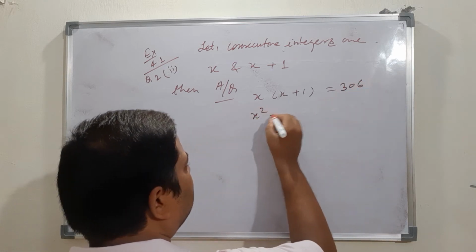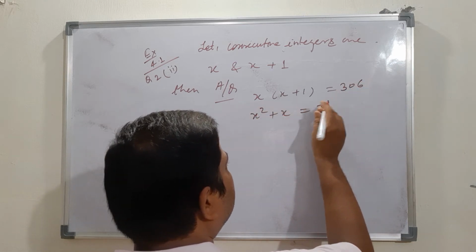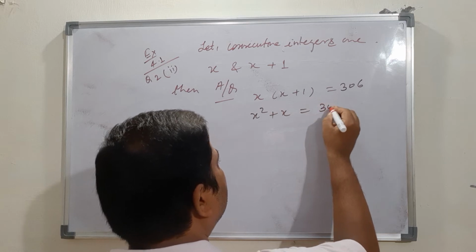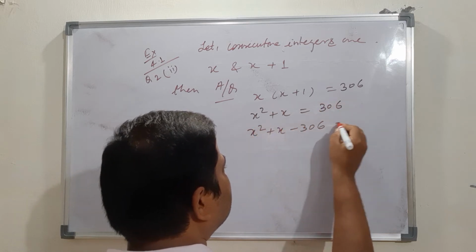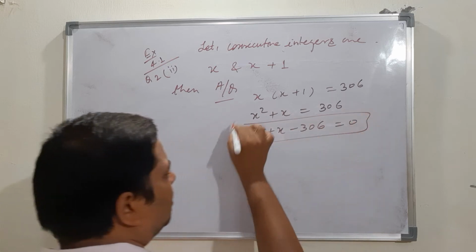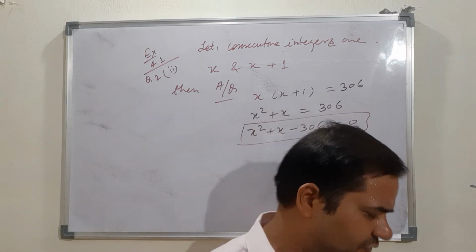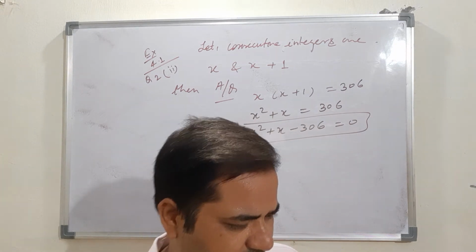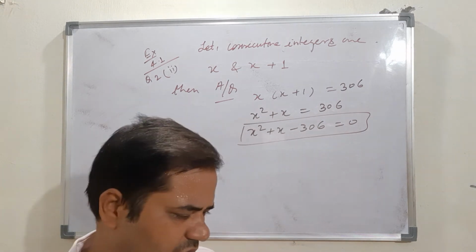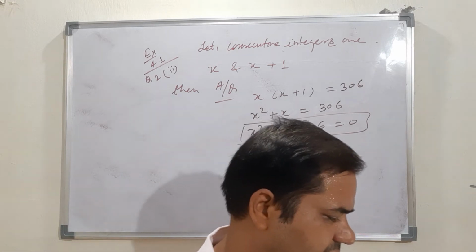So x square plus x is equal to 306. So x square plus x minus 306 is equal to 0. We only have to represent it in the form of a quadratic equation. In the next topic we will see how to solve these questions.